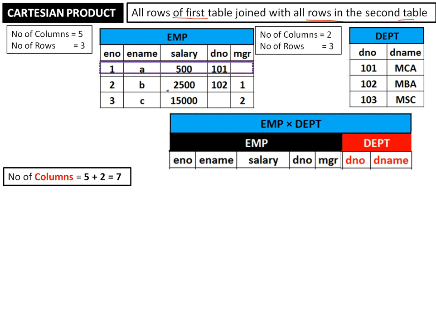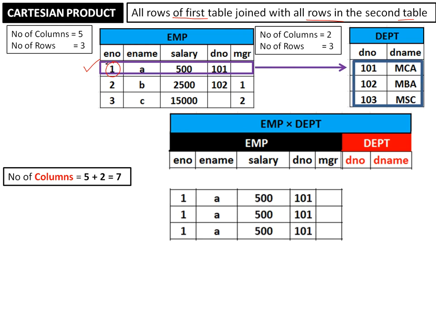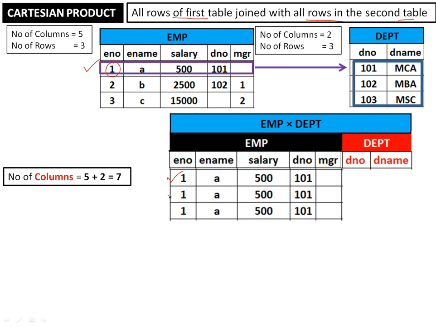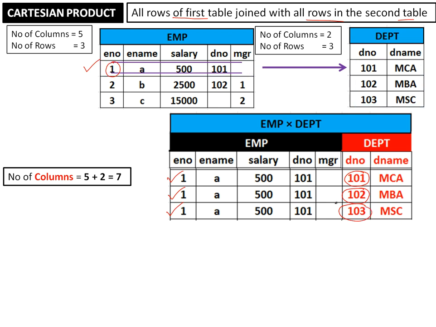That means if I take this row, it will join with the entire table. That means employee 1 will appear 3 times in Cartesian product. Employee 1 with department 101, 102 and 103.